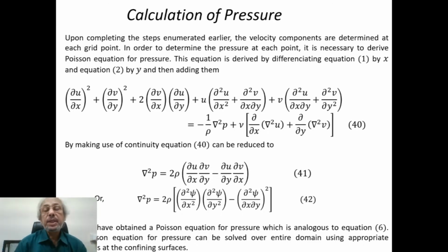Now, we have to discuss another important point. Whatever we have discussed in Cartesian coordinates, having solved all the equations, we will get the distribution of stream function, distribution of vorticity, and u velocity and v velocity.